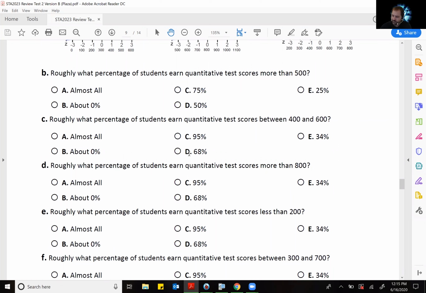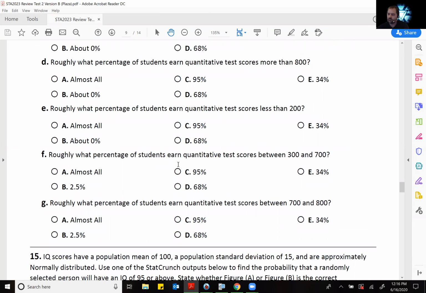Just fixing my two answers real quick. On F, you said that it was 95%, so that's C. And then the next guy, according to the multiple choice, they'd say it's 2.5. That's fine. The real number is 2.35, but we'll call it 2.5. And that would be B.